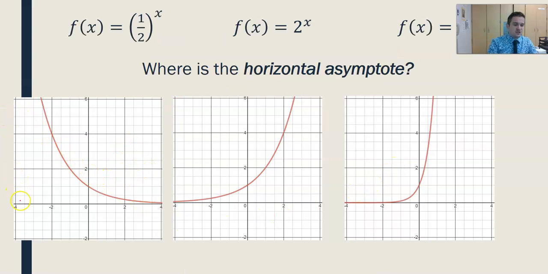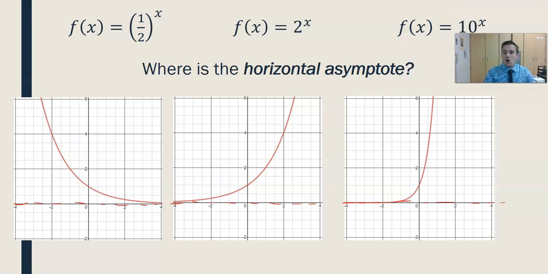In these functions that we have, you'll notice that each of these graphs get really close to touching the x-axis, but they never actually will. So in each of these graphs, the horizontal, or flat, line right here, the horizontal asymptote, is y equals 0. So when y equals 0, which is right here, this line is the horizontal asymptote, a line that the graph will never touch.